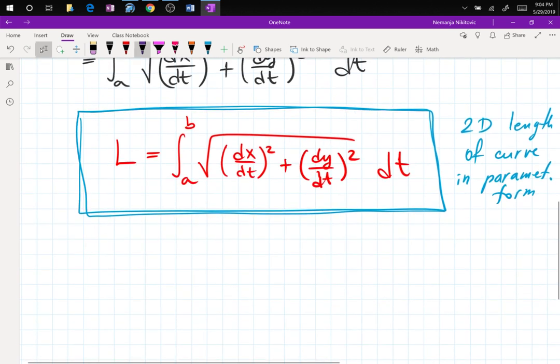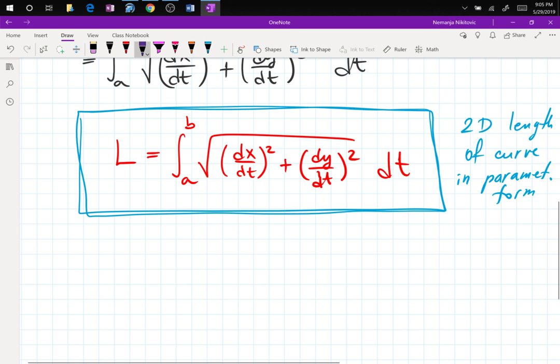Now we extend this into the one we want, which is a 3D one, because our bug is flying in a 3D space, having all of these curves, right? If you take a look at this wire, this could be the path that the bug is taking as it flies through the air. Now this curve is described with the three functions x(t), y(t), z(t). So I would like to have the length of curve with 3.